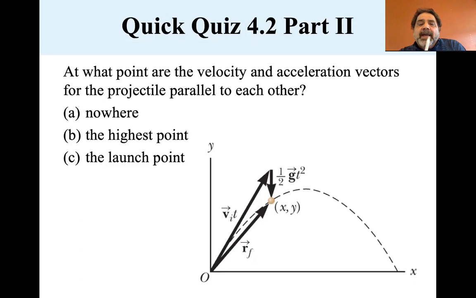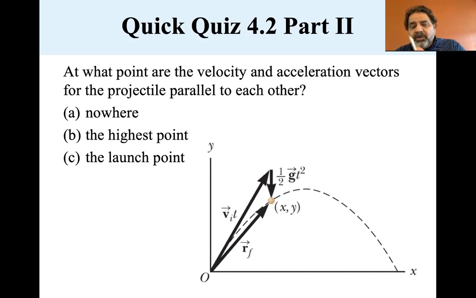Now, if you were to ask at what point are the vertical velocity and acceleration vector for the projectile parallel to each other, at all points, because the acceleration is downward and the vertical velocity is upward on the upward trip and downward on the downward trip, they are parallel to each other.